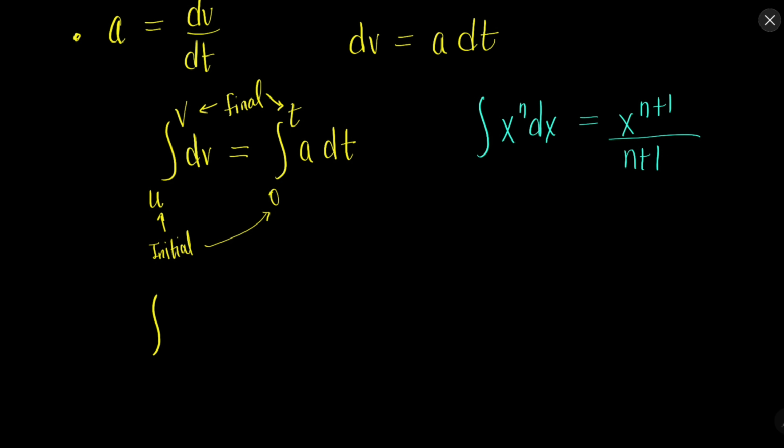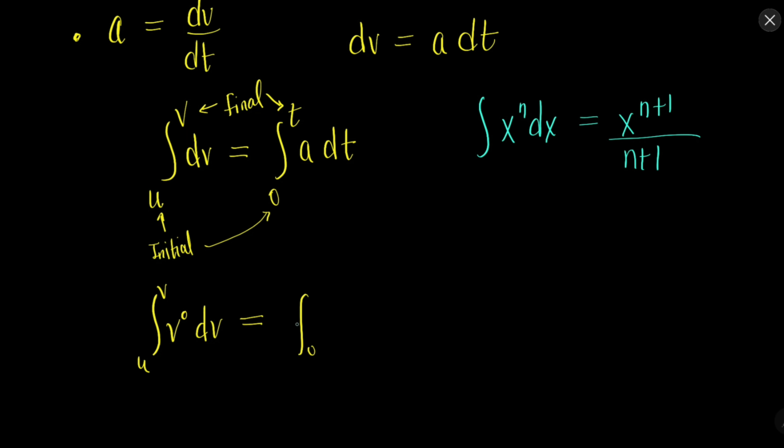What is the power of v here? It is v to the power 0, because nothing is there. Here is 1, and instead of 1 I can write v to the power 0. Why v? Because I want dv, so I am integrating with respect to v, therefore I am writing v to the power 0.